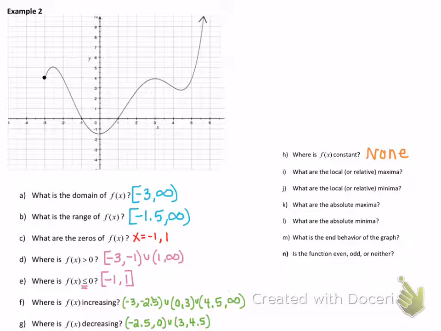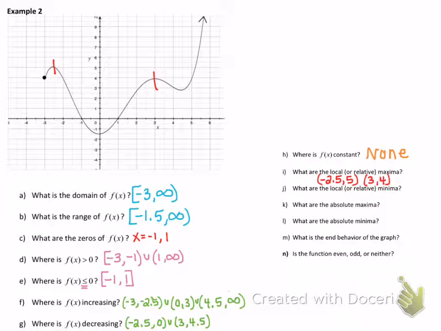All right, so local or relative maximum. I have one up here and here, and those are at the points (-2.5, 5) and (3, 4).